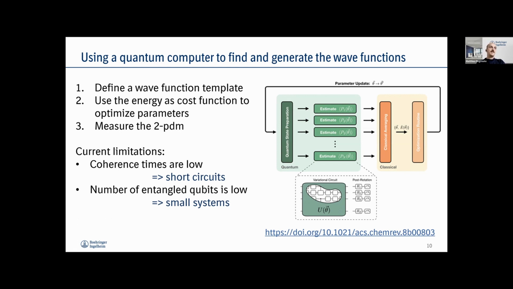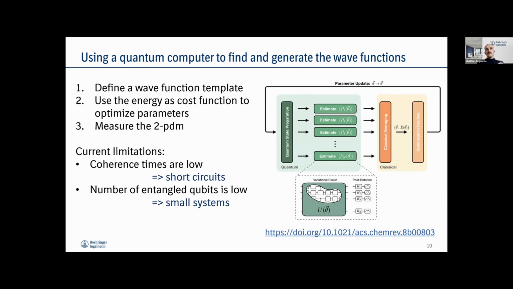You propose the shape of a wave function, and in this case, the wave function ansatz will be the variational circuit, and then you minimize the energy over all of its parameters. And once you have the optimal parameters, you have the wave function, and you can start calculating expectation values with respect to it. And those expectation values will be the two-particle density matrix.